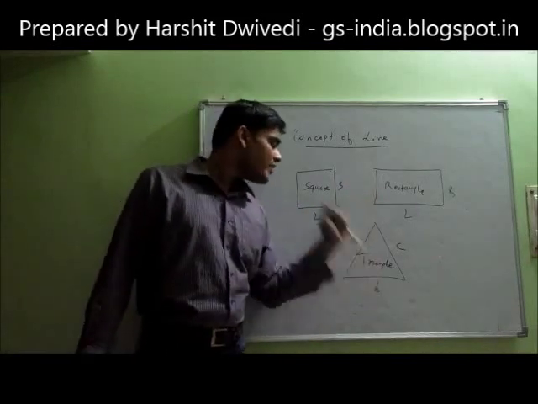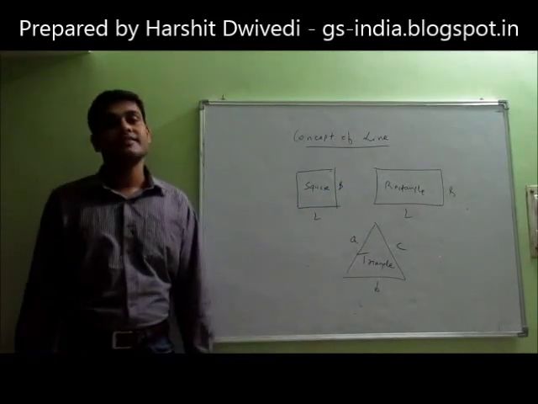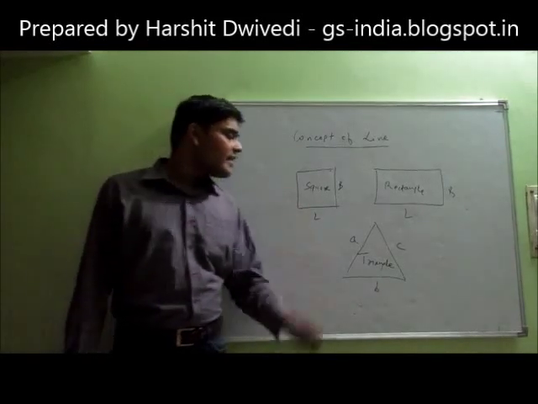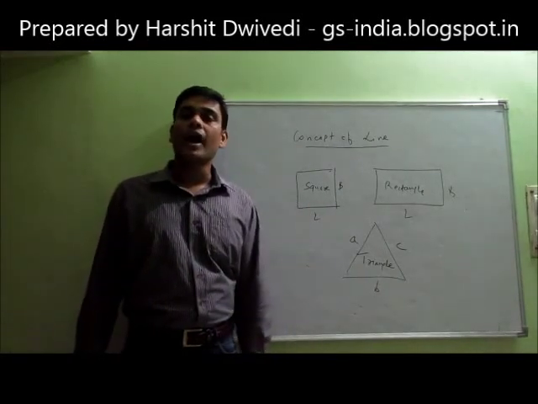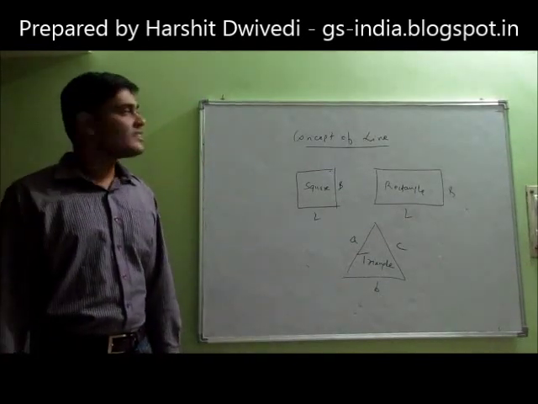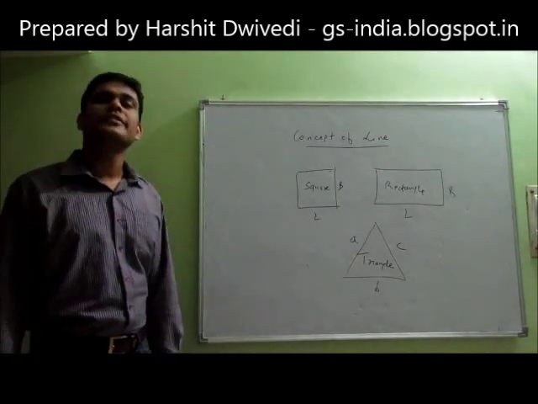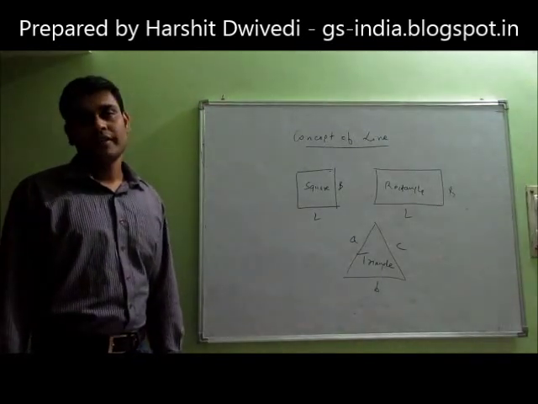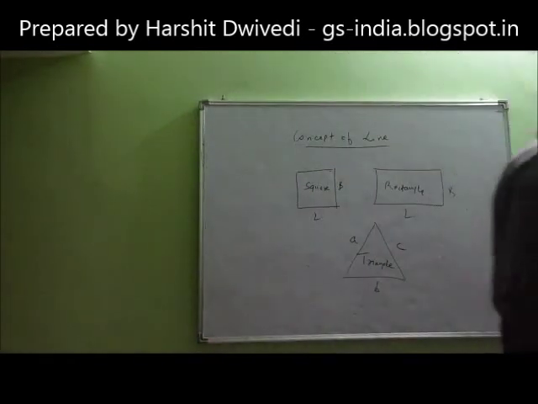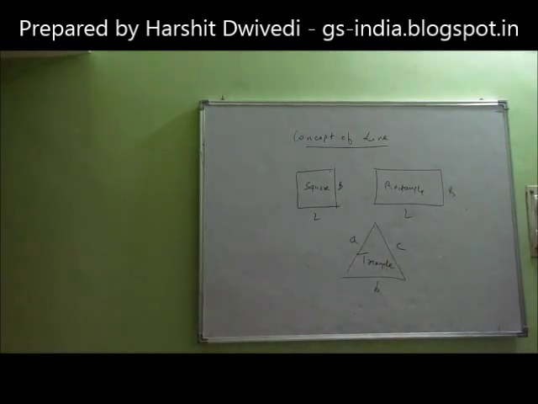Square, rectangle, triangle, line: as far as the concept of geometry is concerned, these are all 2-dimensional figures. That is, when we study the concepts of geometry, these figures can be represented on a plane, so they are 2-dimensional figures. They are covered under the topic of plane geometry. Plane geometry is also termed 2-dimensional geometry.